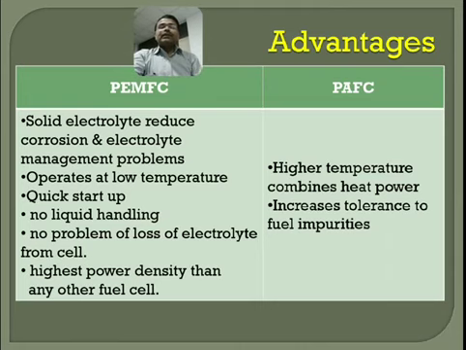PEMFCs operate at low temperature, have quick startup, no liquid handling, no problem of loss of electrolyte from the cell, and power density is also very high compared to other fuel cells. So PEMFCs are found to be beneficial.